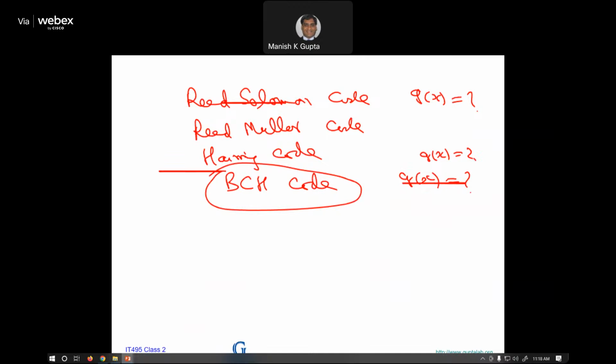What is the generator polynomial G(x) for Reed-Solomon, which is a very popular, standard code? For most storage, the Reed-Solomon code is used. Also the Reed-Muller code, the Hamming code, what is its generator polynomial, and the BCH code, what is the generator polynomial for these cases. Just explore what the generator polynomials are. That's all. You don't have to go into too much detail.